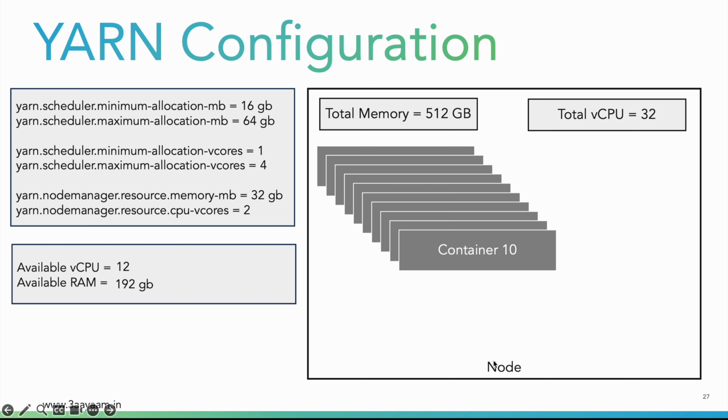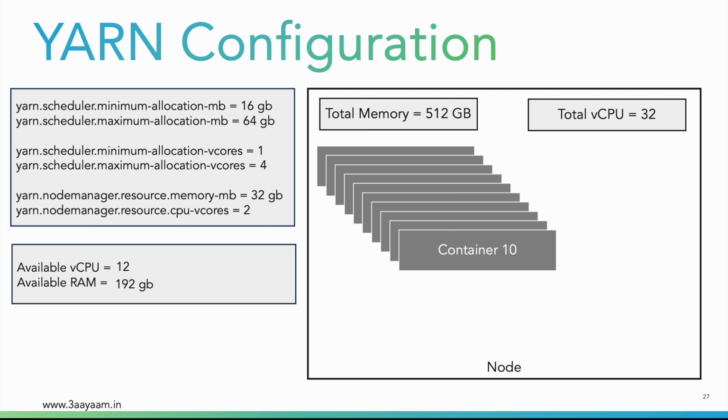So now container 10 can be allocated a maximum of 4 CPU and a maximum of 64 GB of RAM. Same would be the case with container 9 also. So after that, the available CPU would be 8 and the available RAM would be 192 minus 64, which is 128 GB. So this is how the resources are allocated by Yarn.